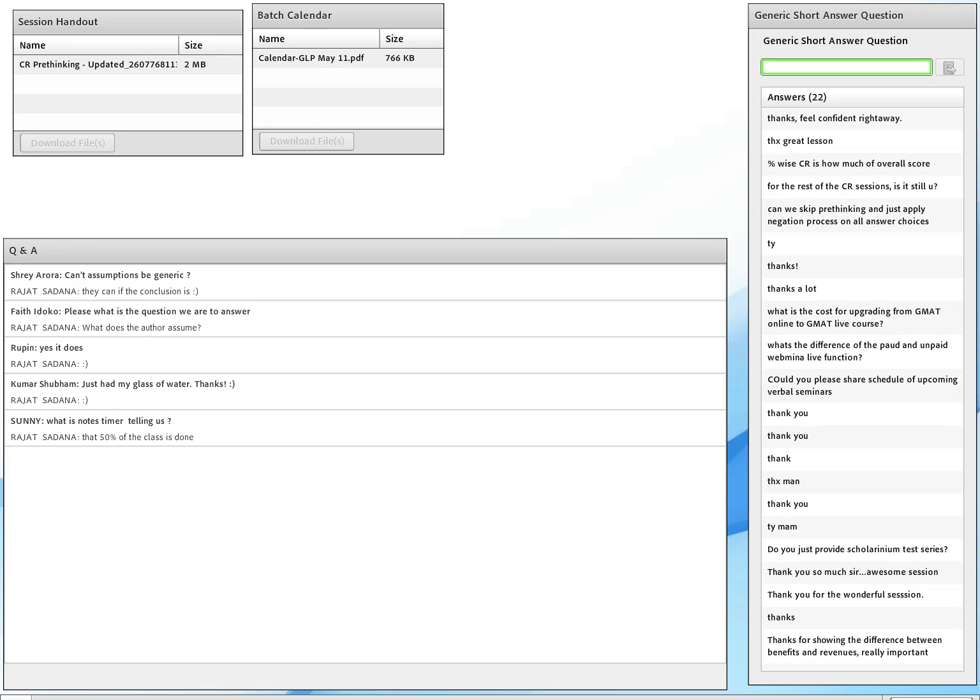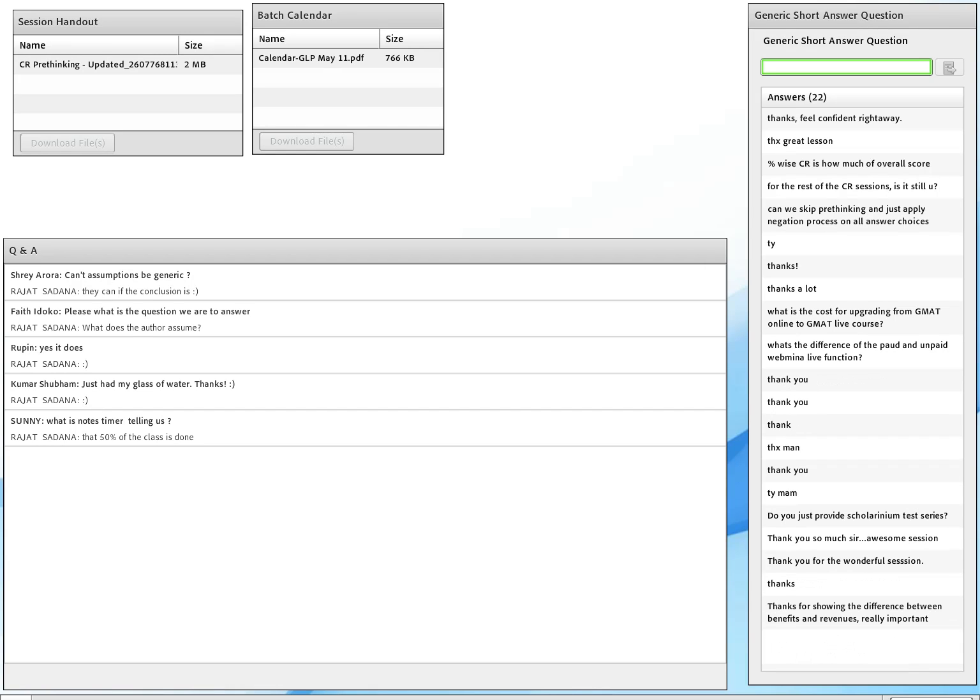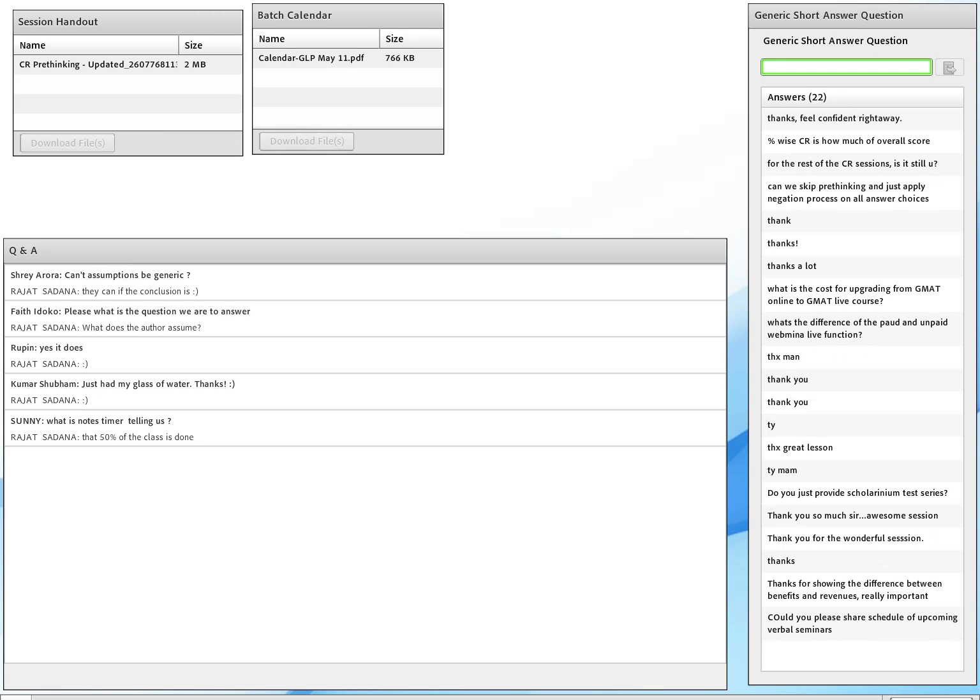What's the cost of upgrading from GMAT Online to GMAT Live? I think it's $199. You can write to support@e-gmat.com overall, or rajat@e-gmat.com. And Francisco, you're welcome.